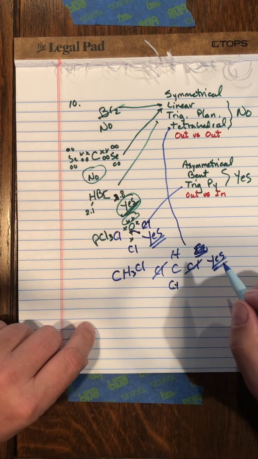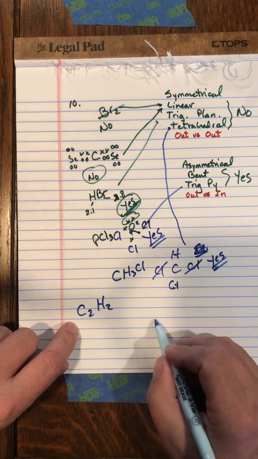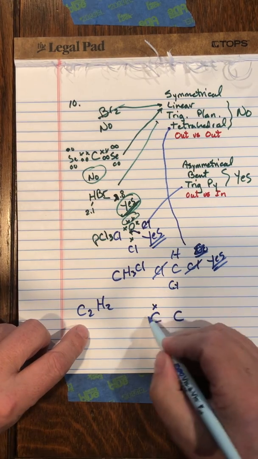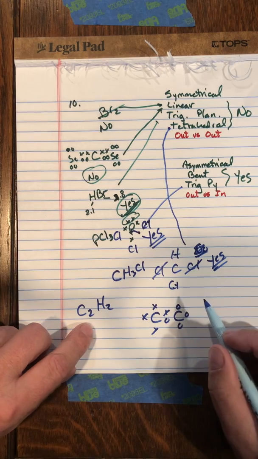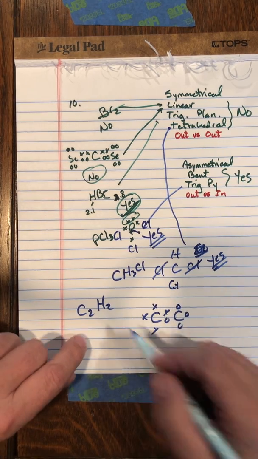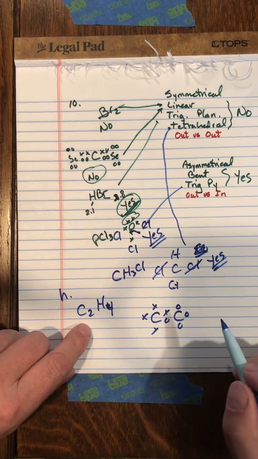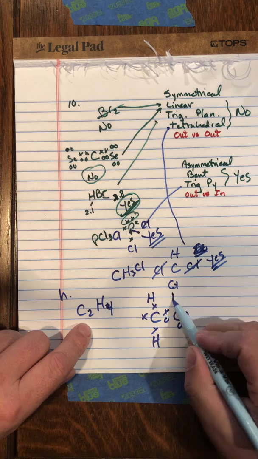Okay? And about the only other one I thought would give you trouble was C2H2. So remember carbon, chain them up. Woo woo. 1, 2, 3, 4. Now it says I have, oh, pardon me, C2H4. This is H. Okay, so I have 4 H's, so I'm going to be symmetrical.